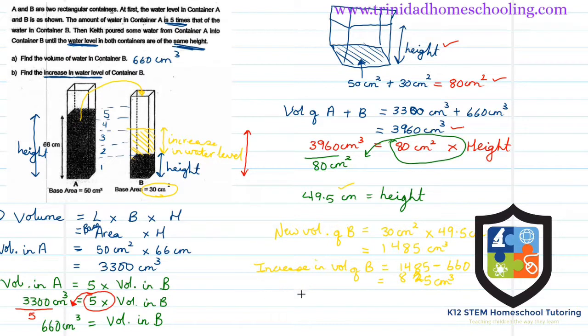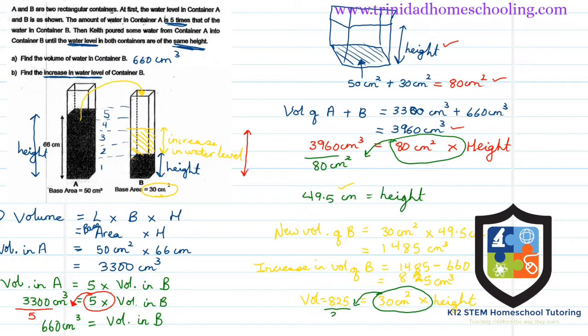Now that we have the increase in volume and we know the base will always remain 30 centimeters squared, the volume here is 825 and we need the new height. We would move this across here.